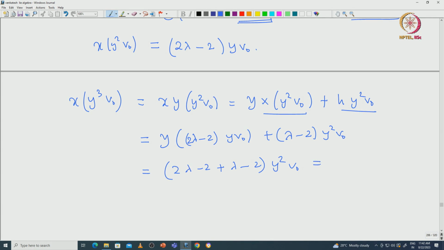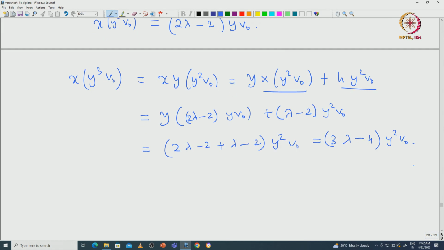If you just compute and see, this is 3 lambda minus 4 y square V naught. Okay. So, this clearly says, by induction you can prove that x y power k V naught is actually in the span of lower terms. Okay. That is all we need to do, but it is actually saying it is one term down.